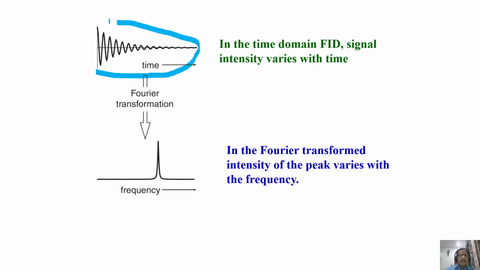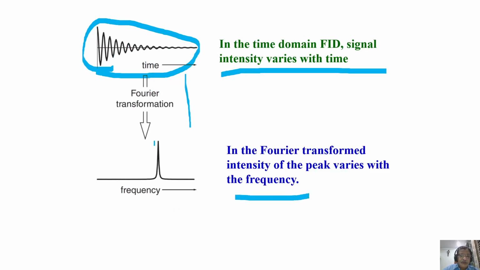You collected the signal in the time domain like this. What happens in the time domain is the signal intensity varies with time as a function. It's a damped oscillation. Now the Fourier transformation of this gives you peaks with varied intensities. This may have an intensity like this, another may have an intensity like this, another may have a small intensity. Does not matter. Finally, what happens in the time domain is the variation of the intensity of the signal as a function of time.